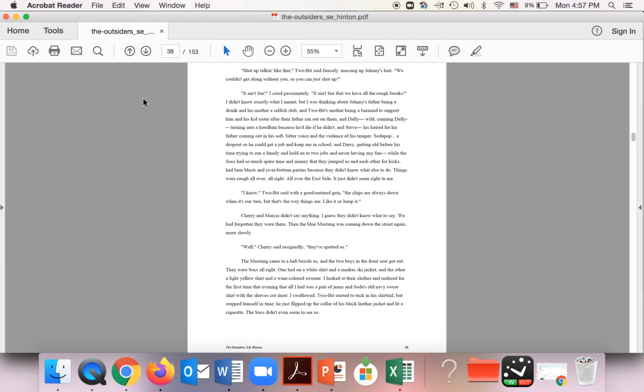Soda Pop, a dropout so he could get a job and keep me in school, and Darry, getting old before his time, trying to run a family and hold on to two jobs and never having any fun. Well, the Socs had so much spare time and money that they jumped us and each other for kicks. Had beer blasts and river bottom parties because they didn't know what else to do. Things were rough all over, all right, all over the East Side. It just didn't seem right to me.